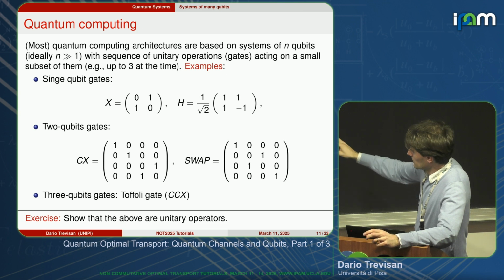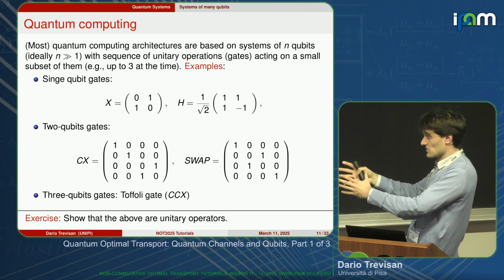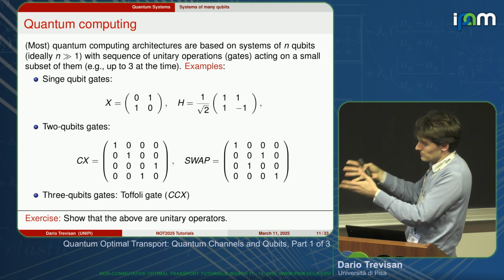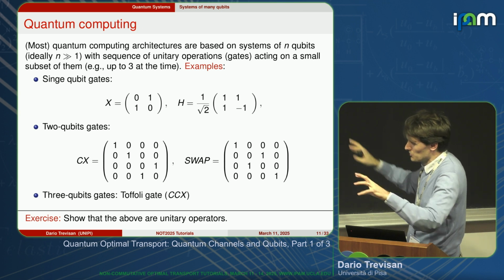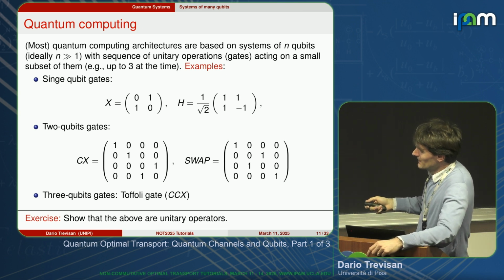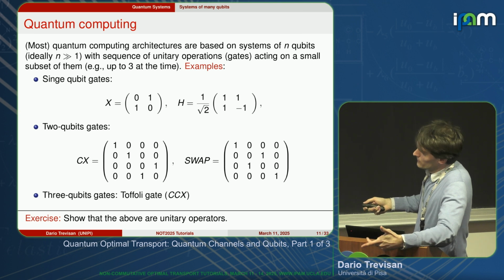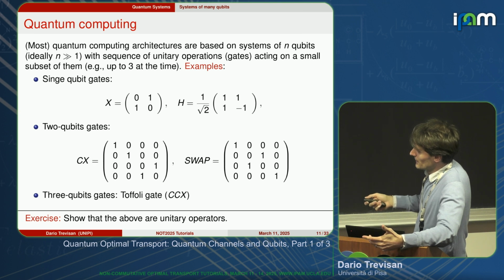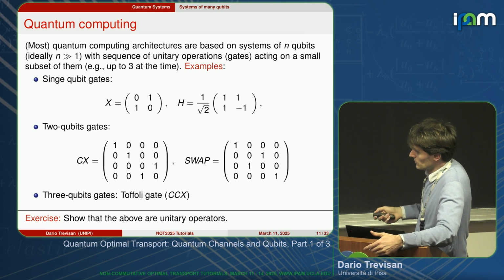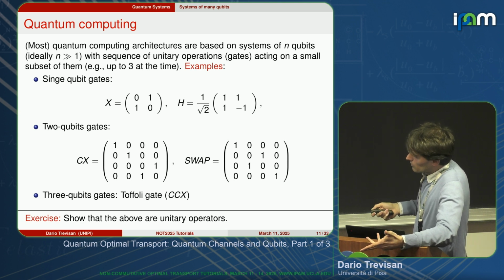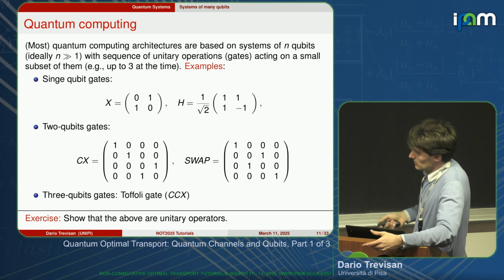So you need to select on this very huge space just 2 qubits. In theory, you should be able to select any 2 qubits, and then if it's a single qubit, you can apply simple operations like this, Pauli X, or this is called the Hadamard, but these are just unitary matrices, which correspond to unitary operations. Then you have more complicated operations on 2 or 3 qubits.